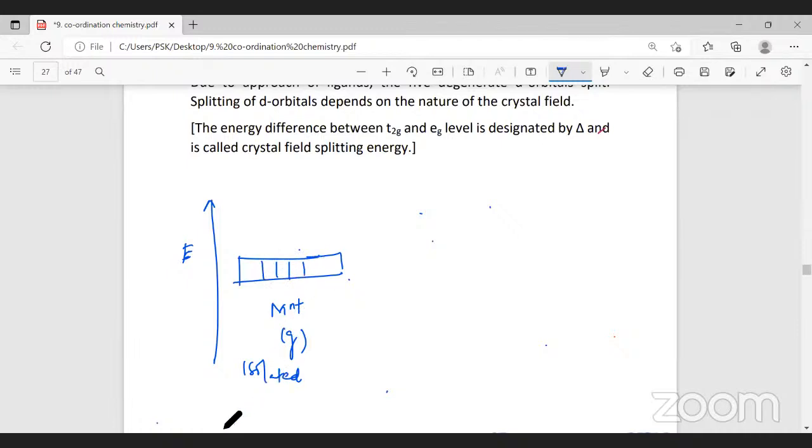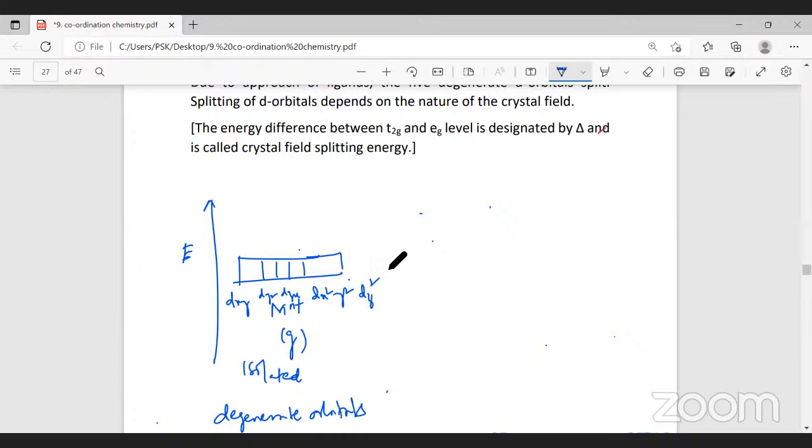And they are called degenerate orbitals. This is nothing but dxy, dyz, dzx, dx square minus y square, and dz square.